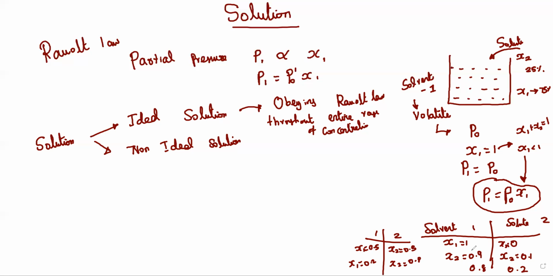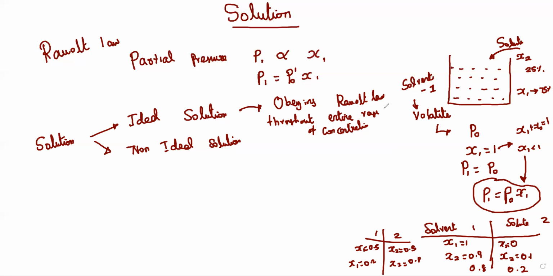It should not be more or less than the original value, because each component in its pure form has its own fixed vapor pressure value, which we already know. So the vapor pressure calculated from Raoult's law should match the original value. That is the condition of being an ideal solution.